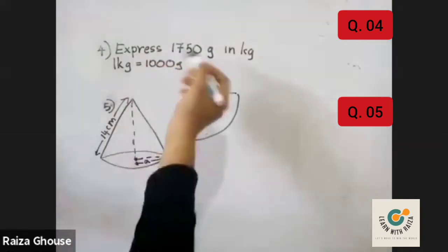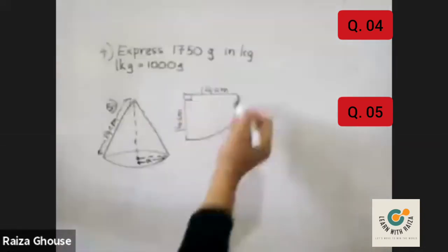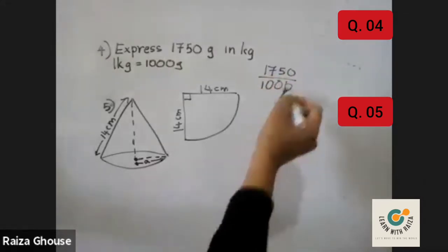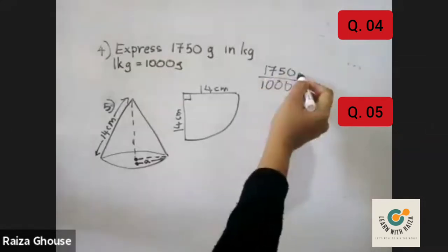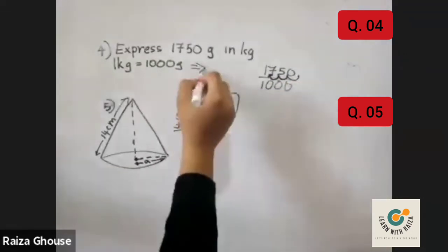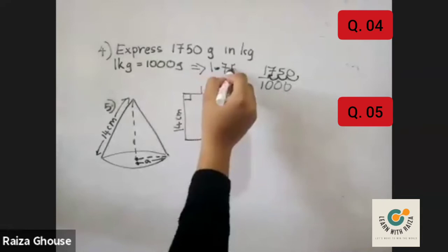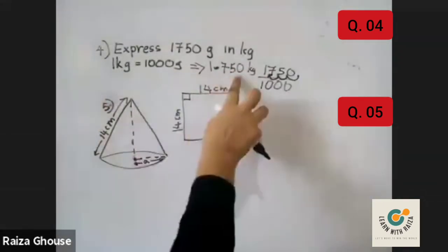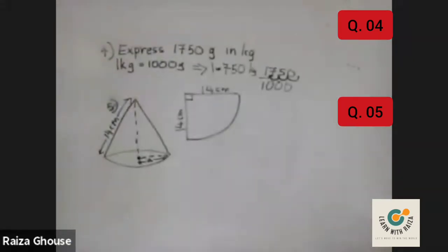If you divide by 1000, your decimal moves 3 places: 1, 2, 3. You are getting the answer 1.750 kilograms. This is the kilogram value of 1750 grams.